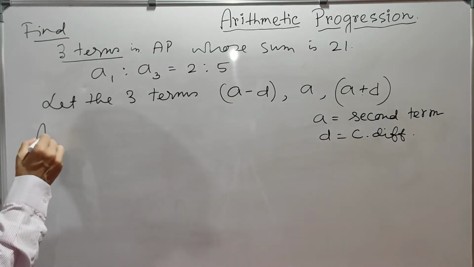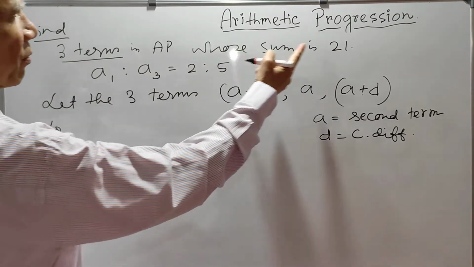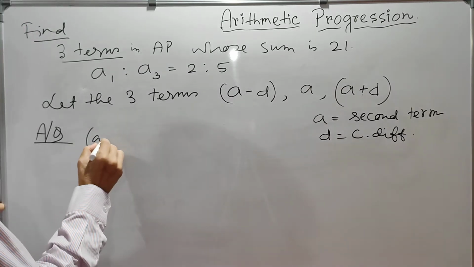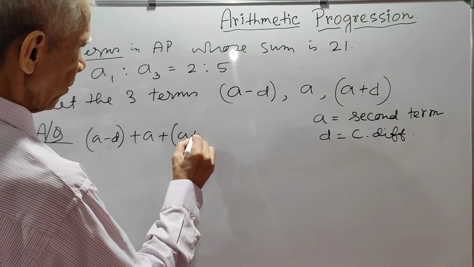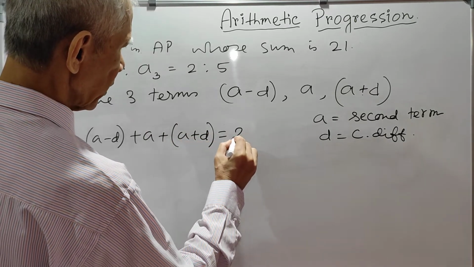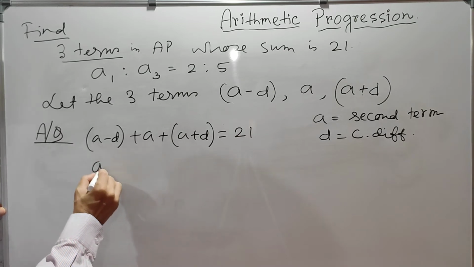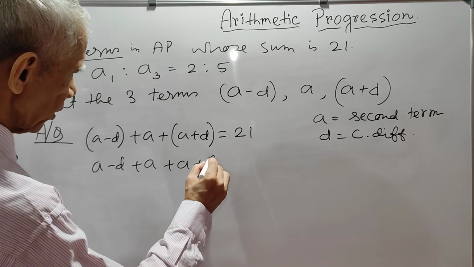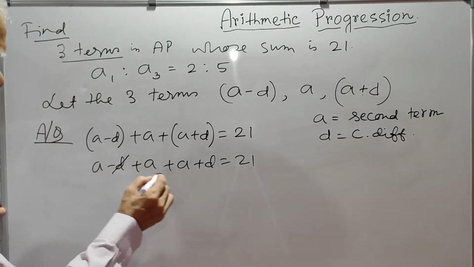Therefore, according to the question, what is the condition given? The sum is 21. So add these three and you will get 21. That means A minus D plus A plus A plus D is equal to 21. So we got an equation. Now you see, D cancels.